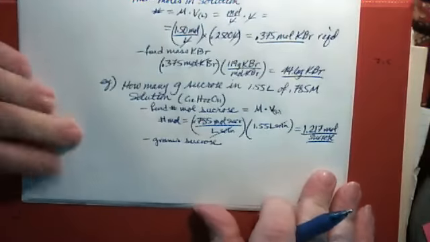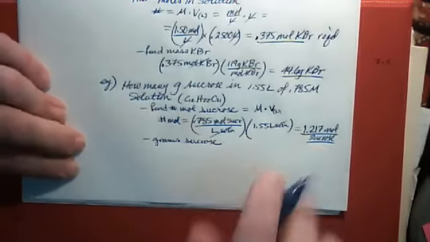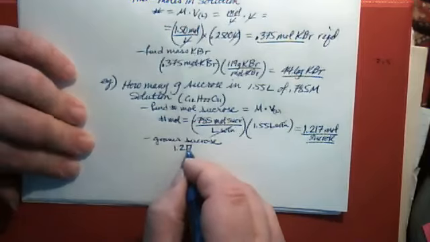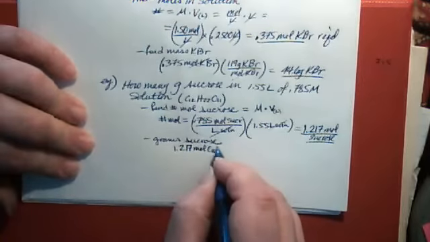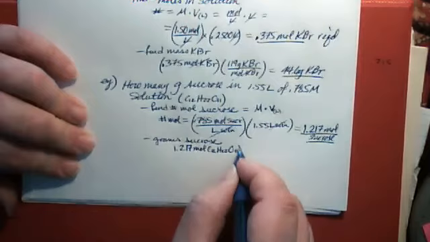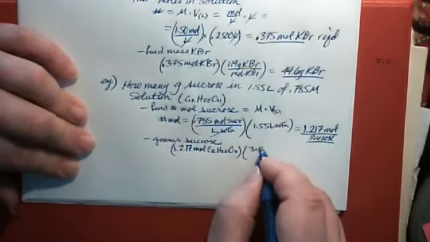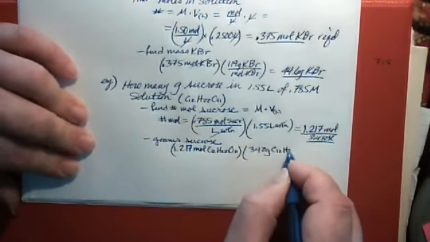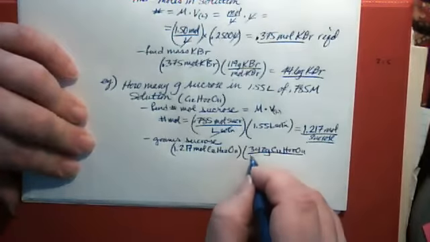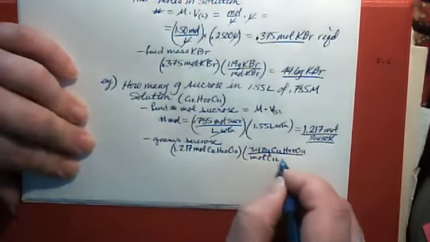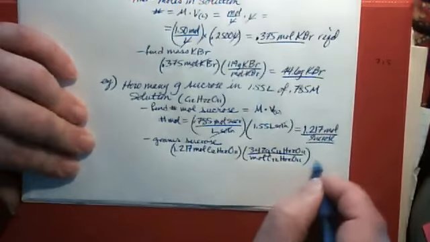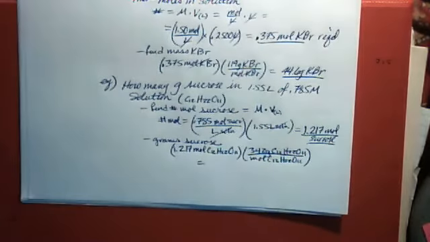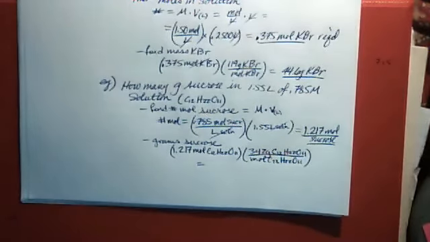Grams of sucrose will then be just number of moles times the molar mass. And the molar mass of sucrose, you go to the periodic table and add up the masses for 12 carbons, 22 hydrogens, and 11 oxygens, you get 342 grams per mole.